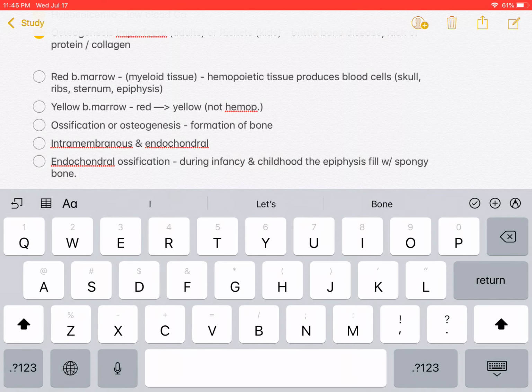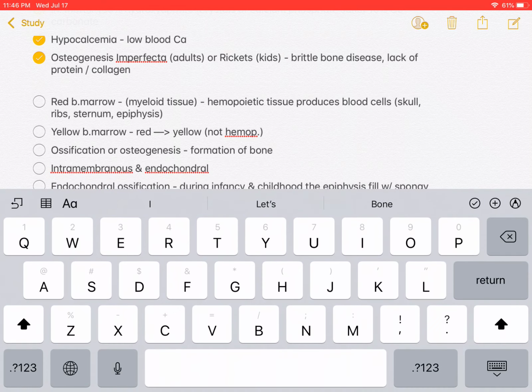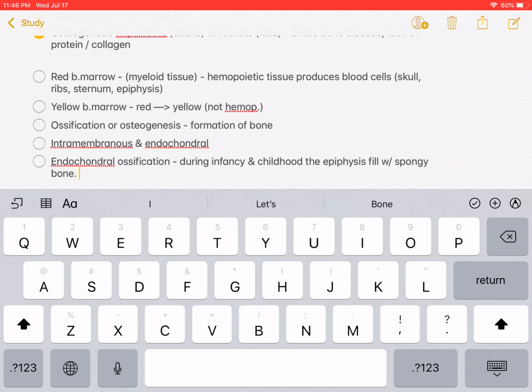It's good to know this because during a test, they might want you to compare an adult epiphyses with a child epiphyses, and they might refer to what type of ossification is happening when the epiphysis fills with spongy bone. It's the endochondral ossification where that happens.